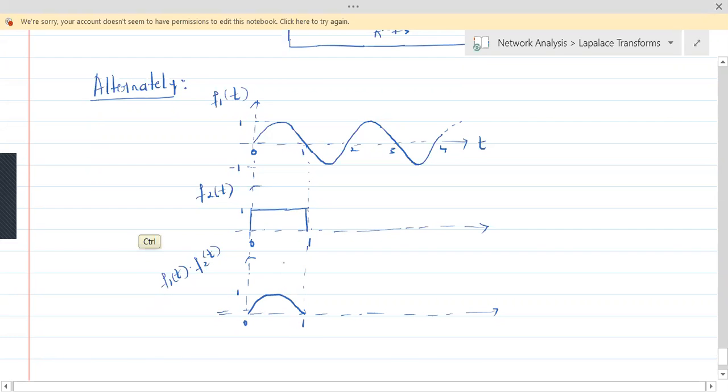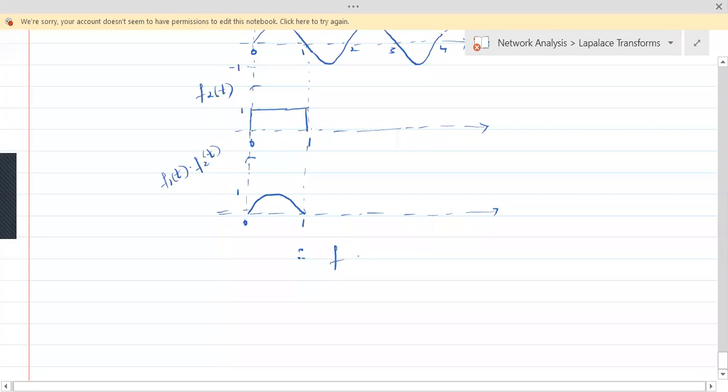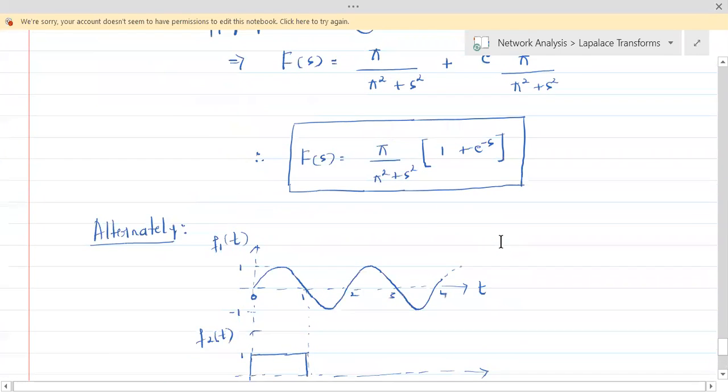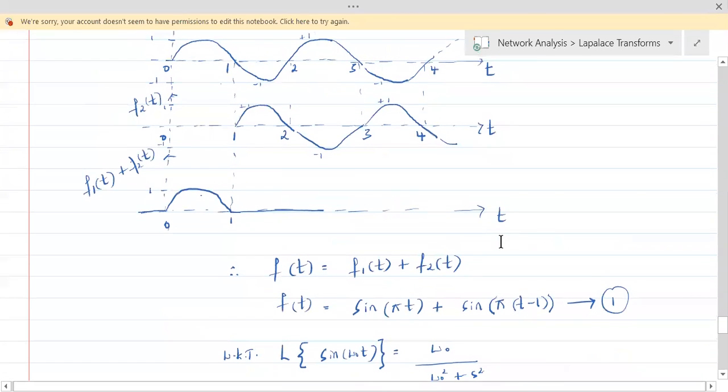So you can try to get that f of t in this form also. Therefore, f of t is actually f1 of t into f2 of t. Whereas in the first method, we had considered two signals, and we had to add the two signals to get the given f of t.